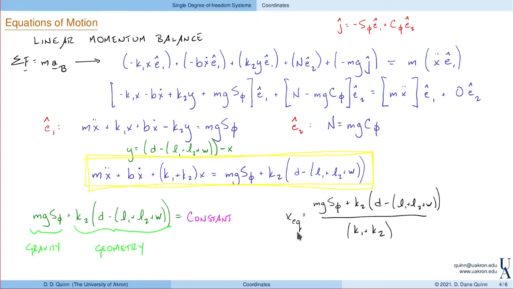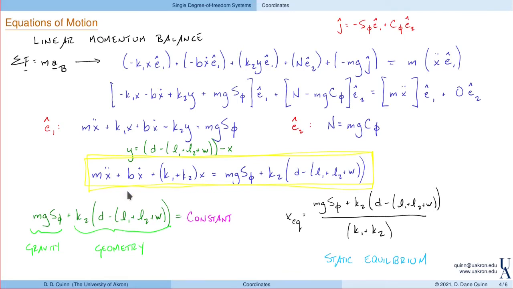So again, this particular solution represents static equilibrium for the system. Of course, if we wanted to solve for specific initial conditions, then we'd go back and solve the homogeneous solution.